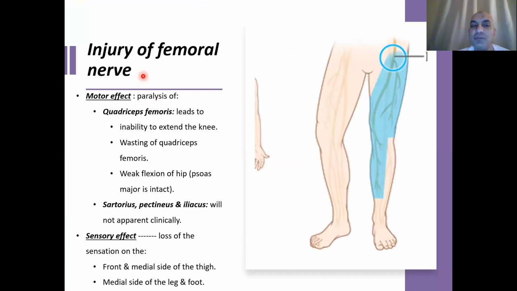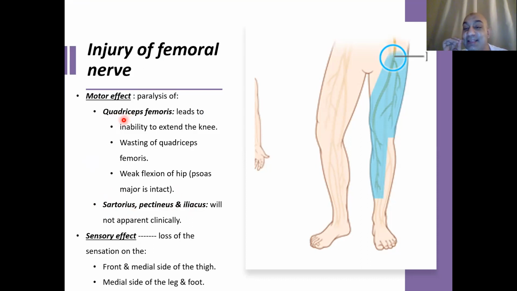What about injury of the femoral nerve? Stabbing injury, for example, or shoot injury. If we have injury to the femoral nerve, we have paralysis of 4 muscles. 3 pass unnoticed: sartorius, pectineus, iliacus. The injury of these muscles passes unnoticed.